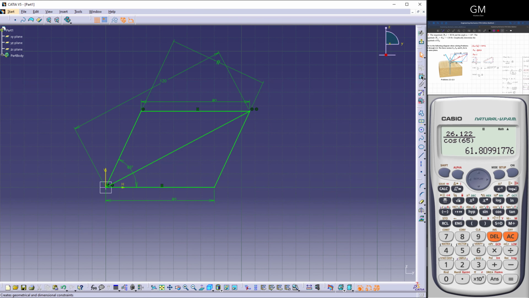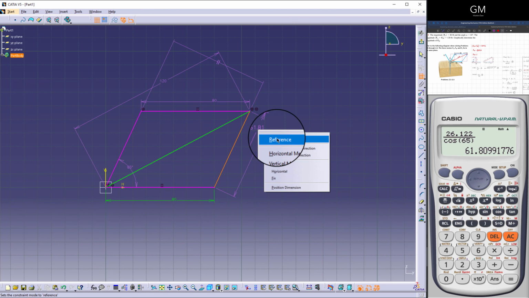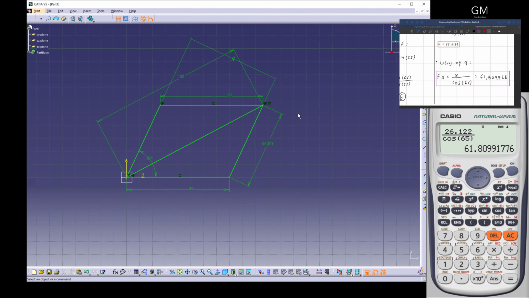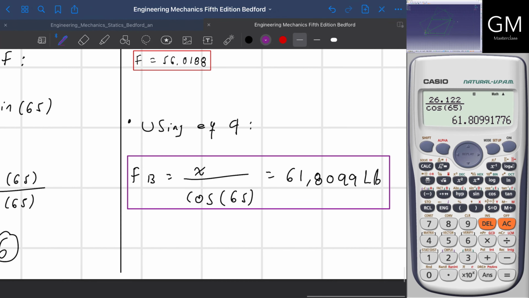Now I have to take this and put it as a reference. FB is equal to 61.81. If I use this value, I can approximate this value to 61.81.